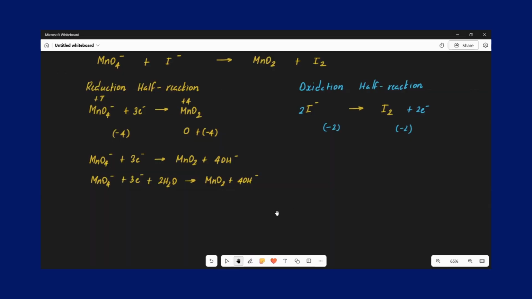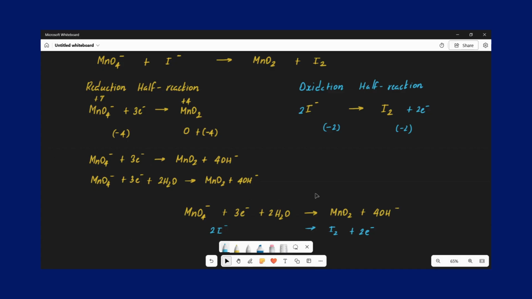So I'll write them one by one. I have the reduction half reaction MnO4 minus plus 3 electrons plus 2 H2O gives MnO2 plus 4 OH minus, and I have 2I minus becomes I2 plus 2 electrons.